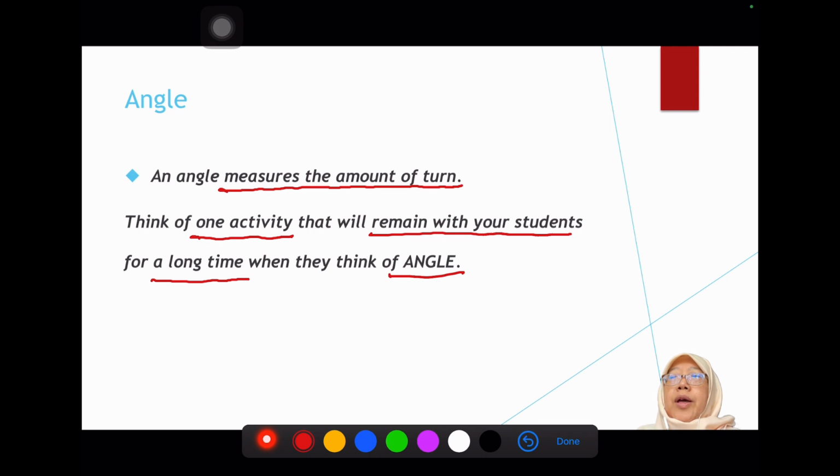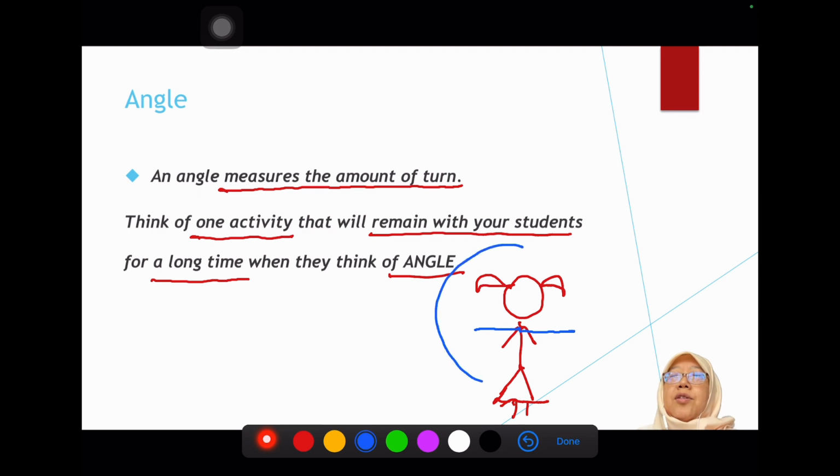So one way to do this is to ask your students to stand up. Let's say this is your student. Ask your student to put their hands like that, and they stay still. Then they only turn their hand. You can have their hands turned this way, or you can have their hands turned this way.